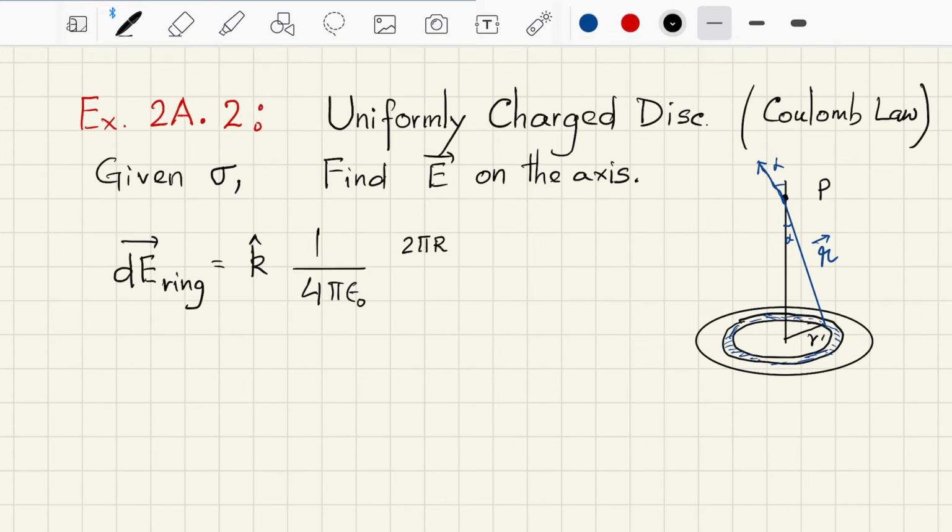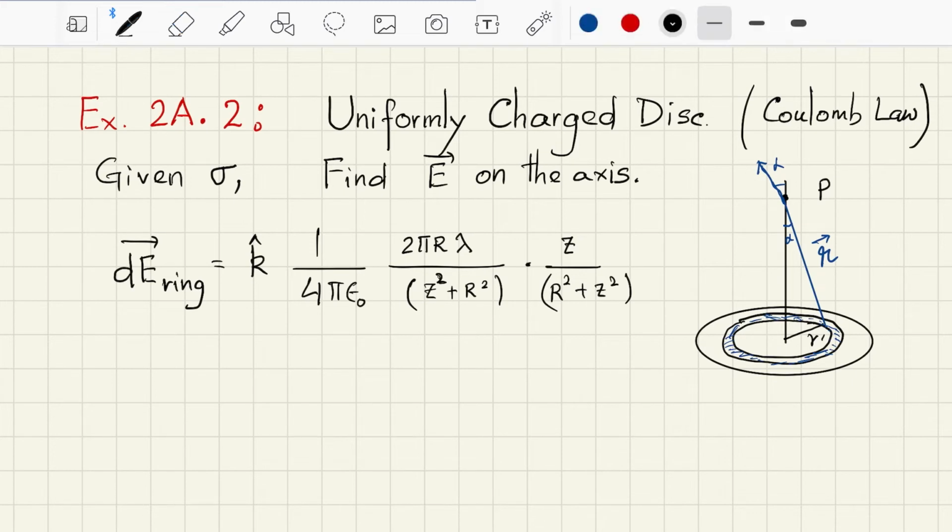This is 2 pi r lambda for a ring, divided by z square plus r square, and of course the component in the k direction is z over the square root of r square plus z square.